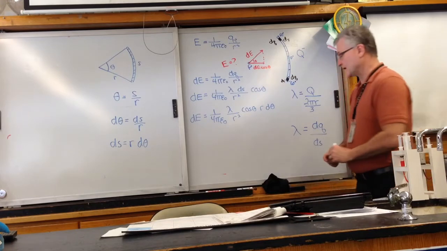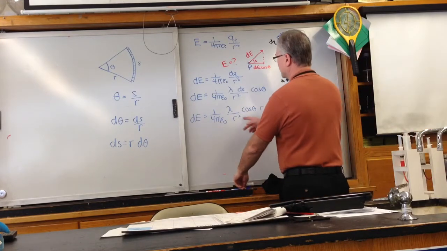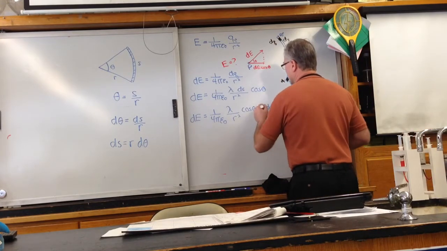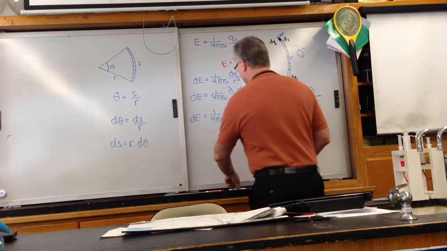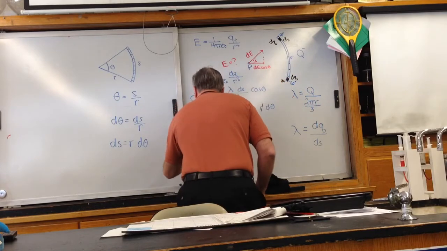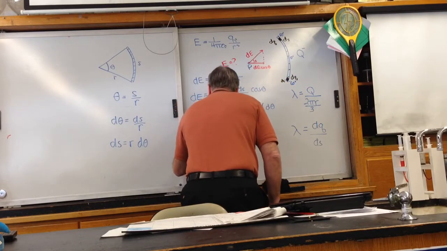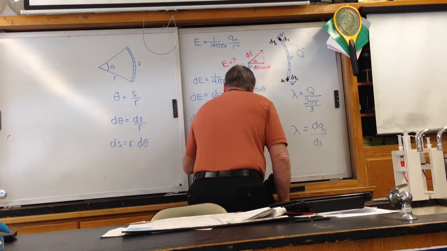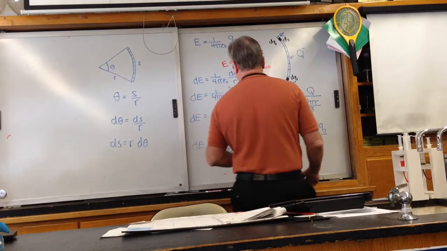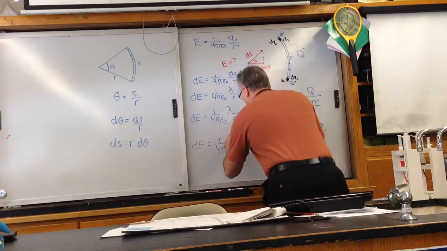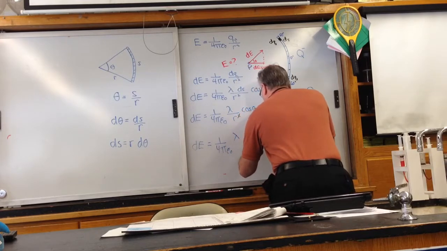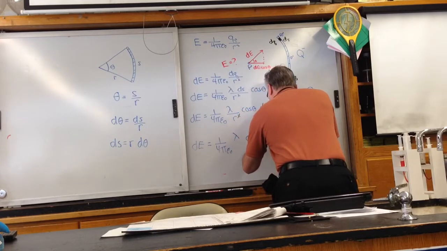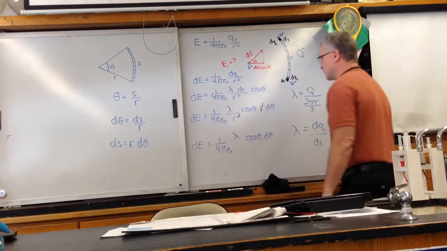Now we've got an r here and an r squared in the bottom, so we can get rid of one of the r's and end up with just r in the bottom. So let's clean this up. We have dE equal to 1 over 4 pi epsilon naught, then lambda, then cosine of the angle, d theta, like so.